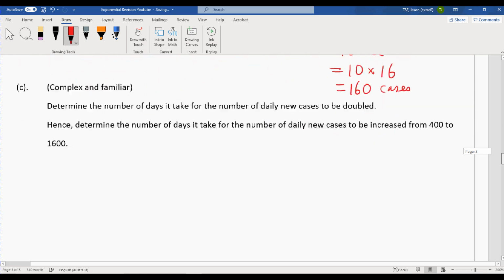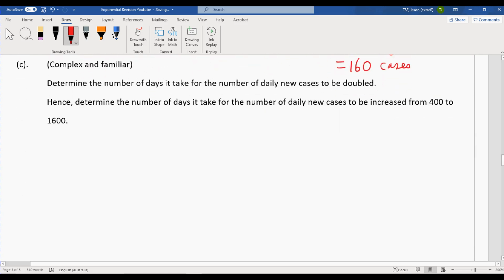Okay, right. So the next question is a little bit difficult. It's a complex familiar one. Determine the number of days it takes for the number of daily new cases to be doubled. Number of days, to be doubled. So what does it mean? We know at the beginning it should be only 10 cases.